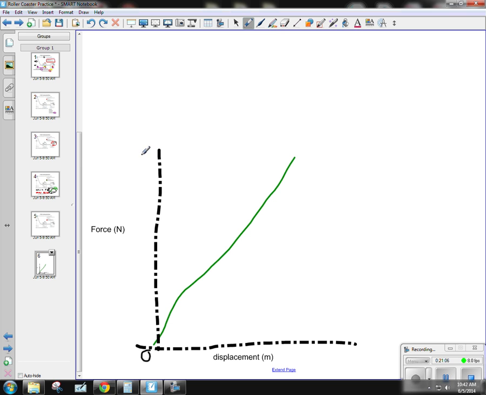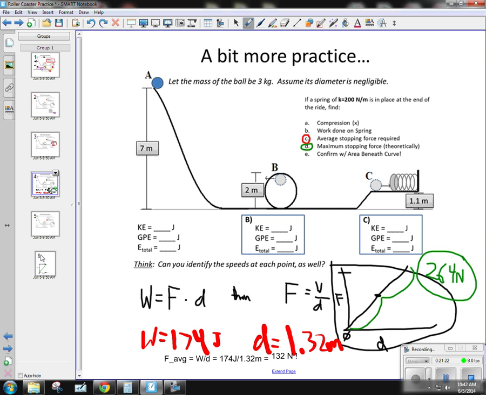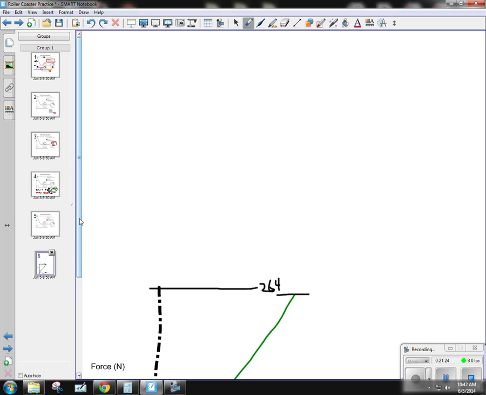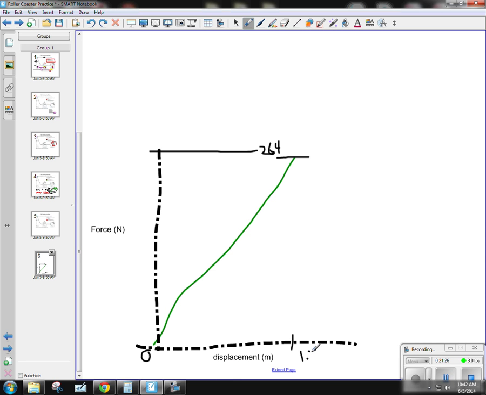So from 0, we'll just stop this here to say 264 newtons. And of course, it's compressed from, technically from 1.32 to a theoretical 0, but we'll graph it out this way.